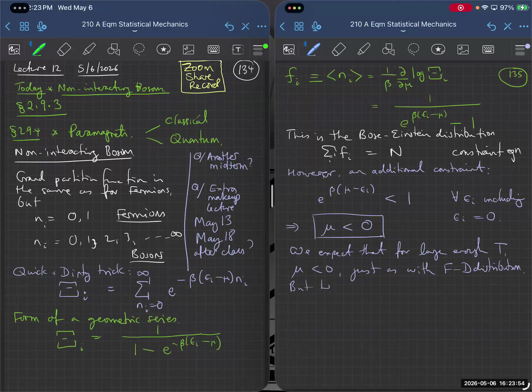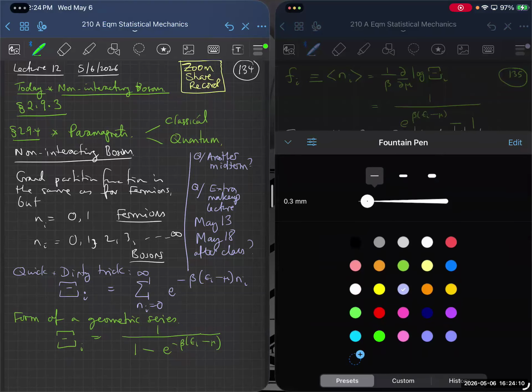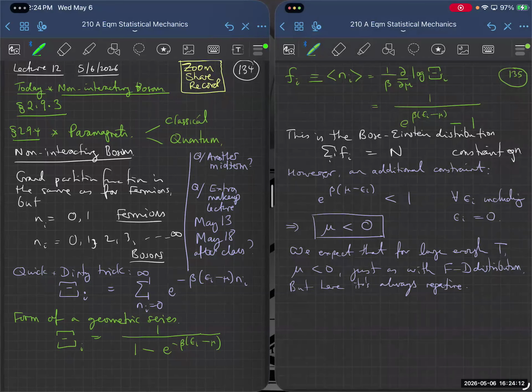But here it is always negative. And we're going to see that that has important consequences. Okay, so now I just showed you the quick and dirty way to derive the Bose-Einstein distribution.